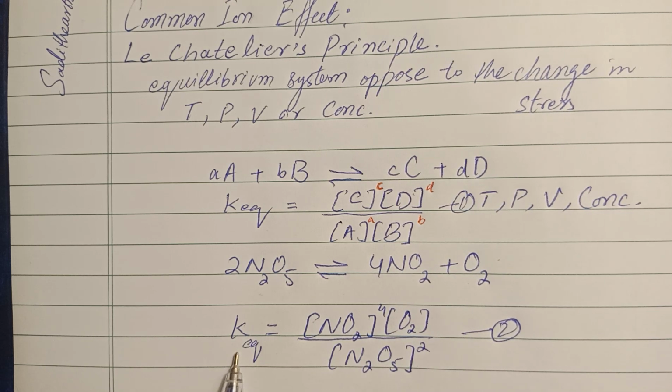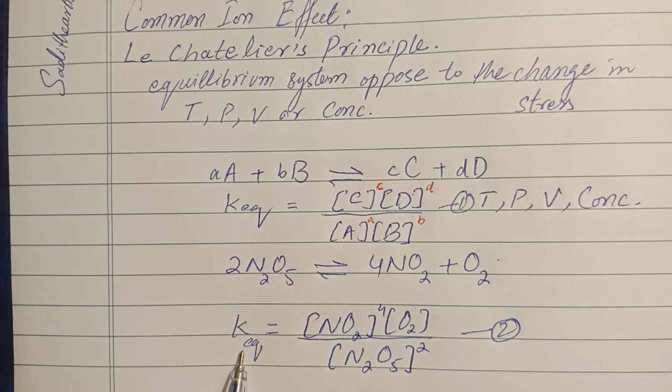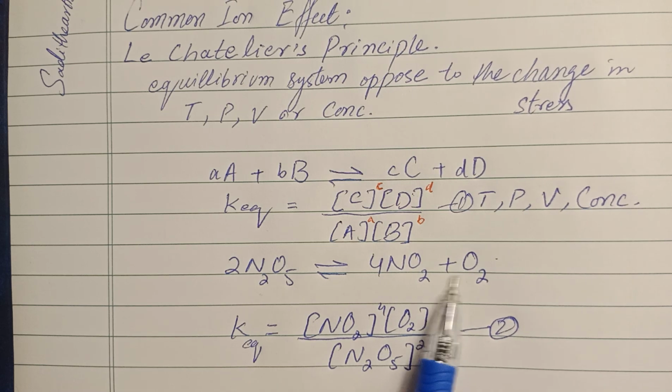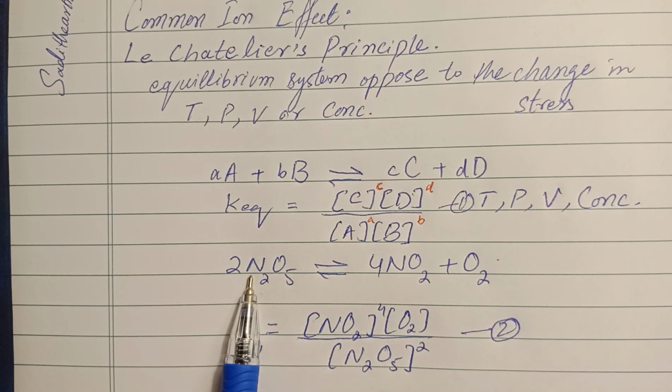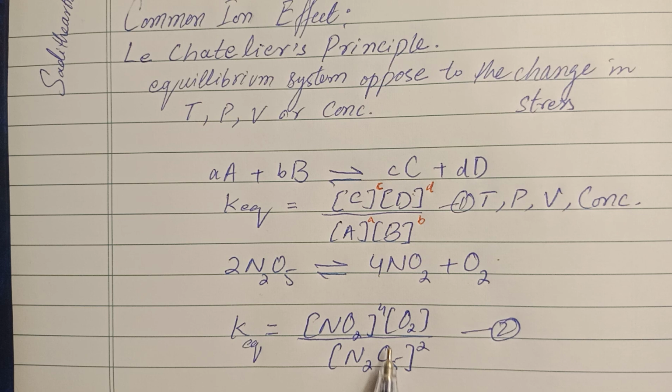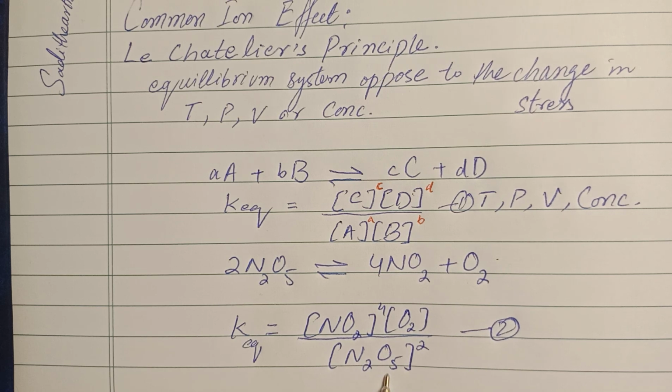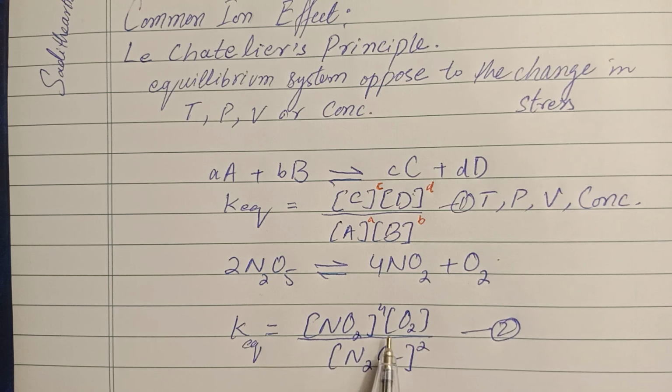In order to maintain the equilibrium constant value as constant, the system will go towards the backward direction in order to make the concentration of N2O5 higher, so that the overall ratio of this factor is equal to the constant value that was there with the previous concentration of the 3 species.